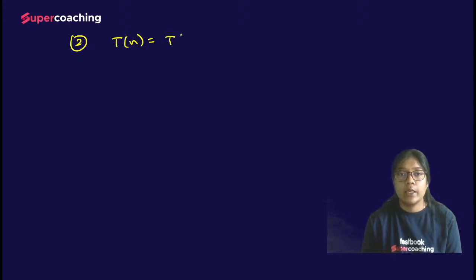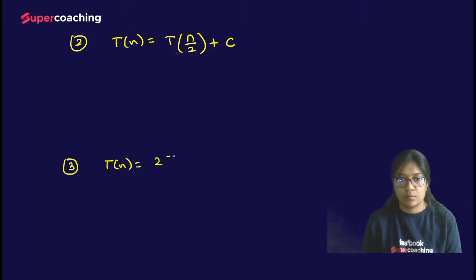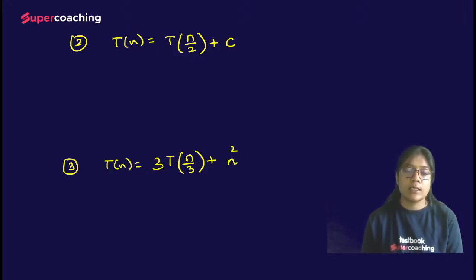Next one. Second question, T of n is equal to T of n by 2 plus constant. Quickly write the answers for both the cases.